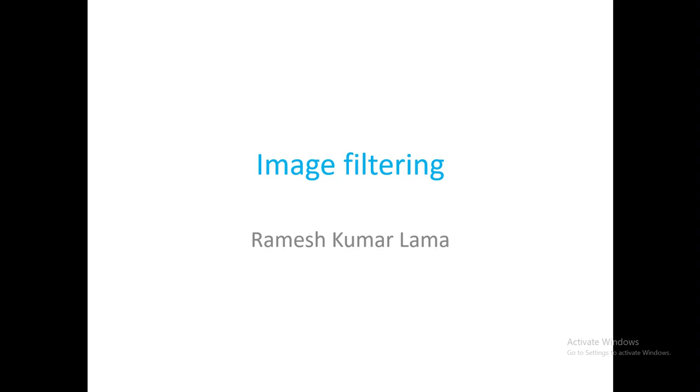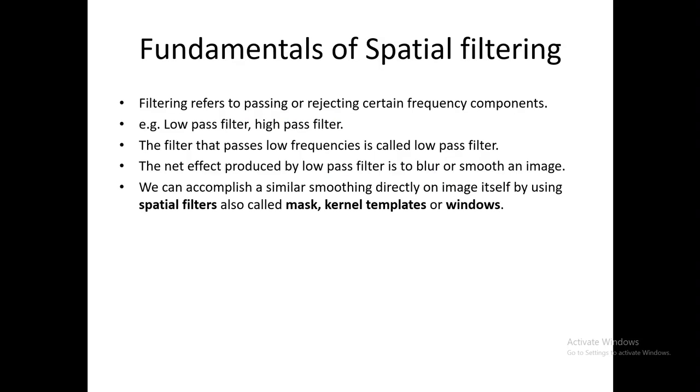I am Ramesh Lama. Today we will be discussing image filtering. The name filter is borrowed from the frequency domain, where filtering refers to passing or rejecting certain frequency components. There are different types of filters such as low pass filter, high pass filter and band pass filter.